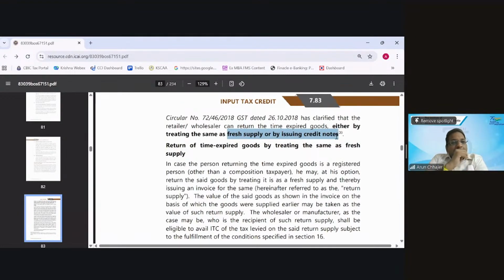Both are permissible. But I have a slight problem which I would like to discuss with you, and you should always keep it in mind. You tell me, is there any time limit to issue the credit note, or can I issue it in unlimited time? Is there any time limit or no time limit for the credit note?